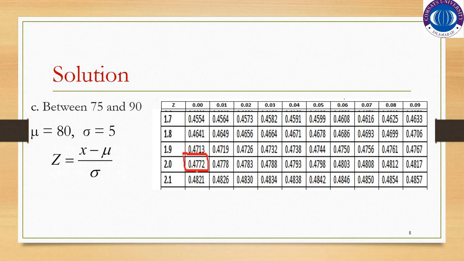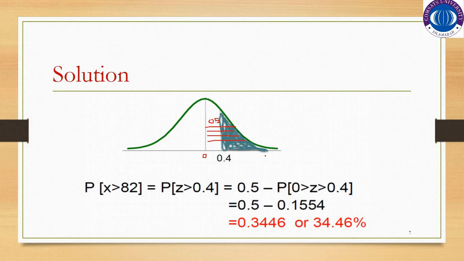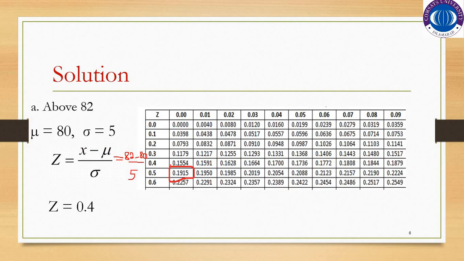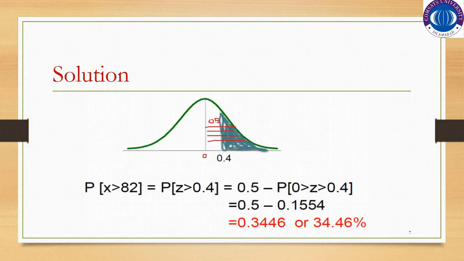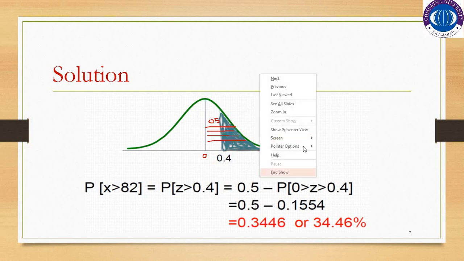It is the area between 0 and 0.4. So where is 0.4? This is 0.4 and this is the area 0.1554. So by substituting it here, 0.5 minus this particular area. If I draw it independently, I will change the color of the ink.